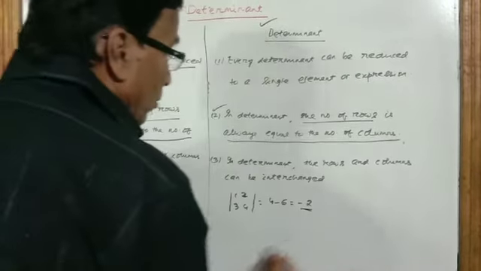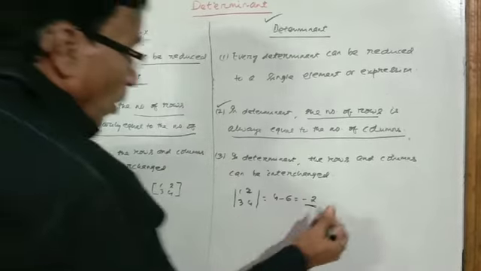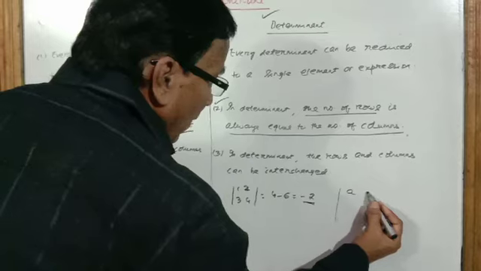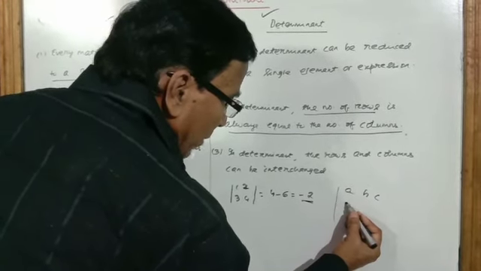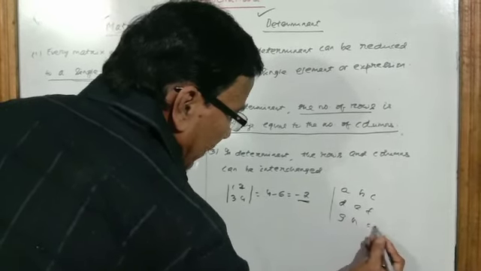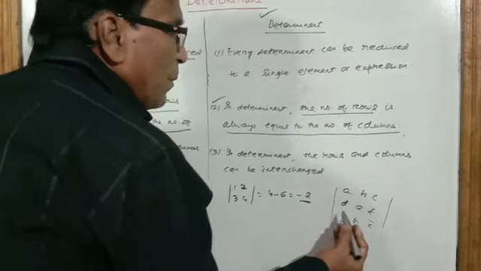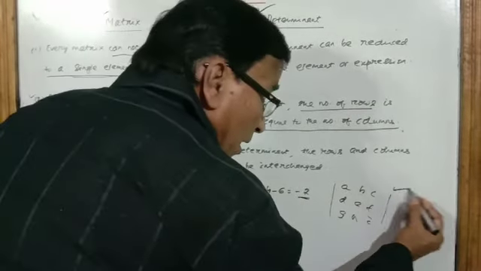That means either you can take a determinant of second order, or a determinant of third order, that is A, B, C, D, E, F, G, H, I. So always the number of rows must be equal to the number of columns in case of determinant.